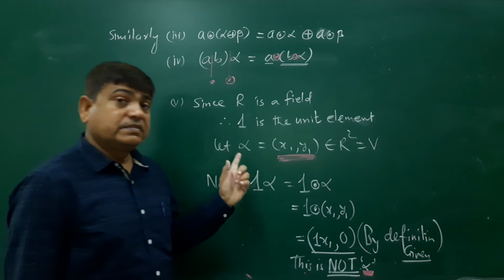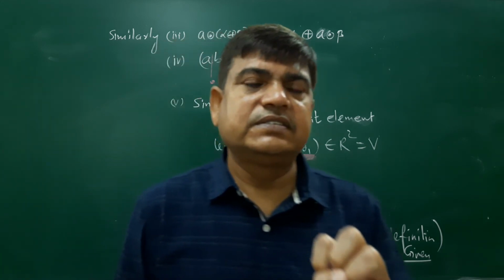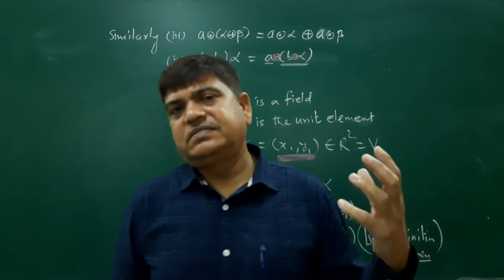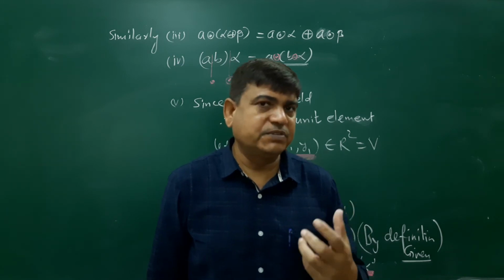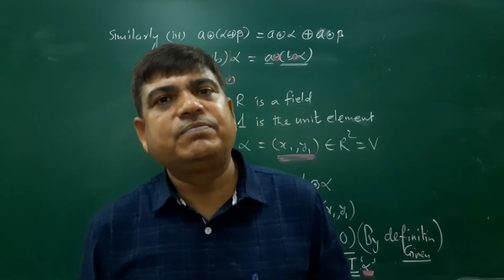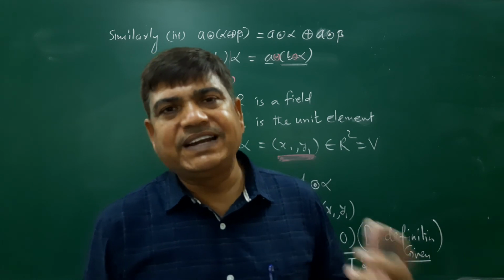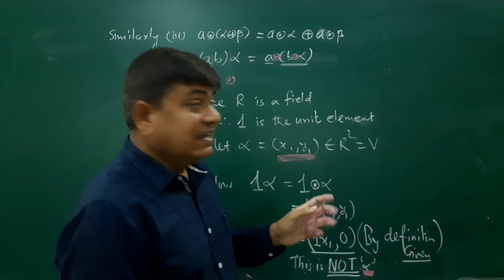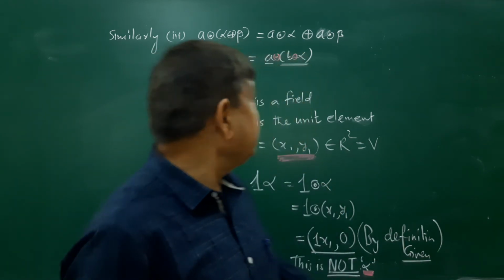So, the first 5 properties mean an abelian group with respect to addition. Then the next 5 properties, the combination of plus, meaning addition, and scalar multiplication. 9 properties are satisfied here.